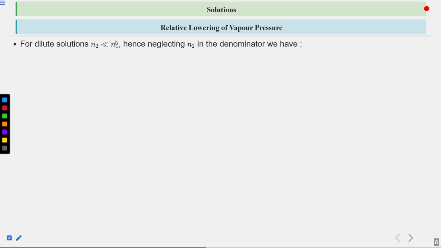Dilute means we are adding very little solute. All the colligative property laws are mostly valid only for dilute solutions, because there is no interaction in that case as the solute particles are far apart. But if you go on increasing the number of solute particles, they will come together and result in some interaction. So we always take the dilute solution. If it is dilute, solute particles are very few compared to the solvent particles, and hence we can neglect N2. So N1 plus N2 can be written as N1 alone.